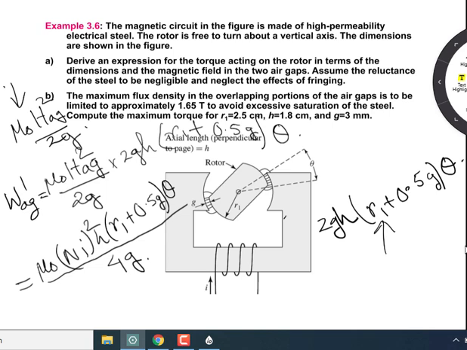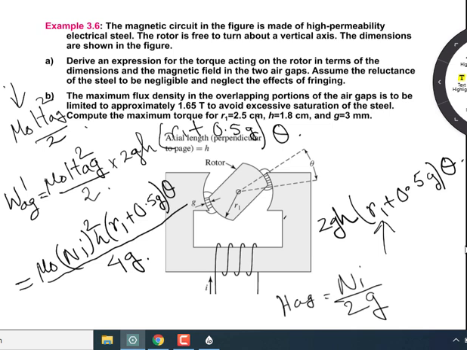However, what is H Ag? H Ag is N I by 2G.